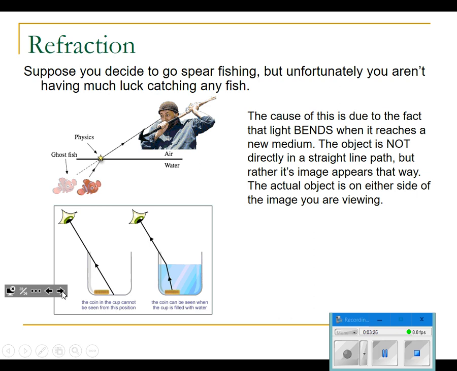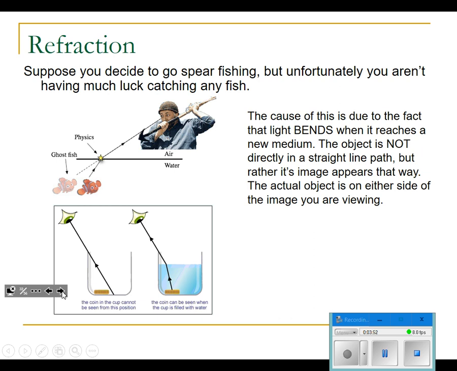So suppose you decide to go spearfishing, and unfortunately you aren't having much luck catching any fish. The cause typically is due to the fact that light bends when it reaches a new medium. So the object is not really directly in a straight line path like you think it is, but rather its image appears that way. The actual object is on either side of the image you're actually seeing.